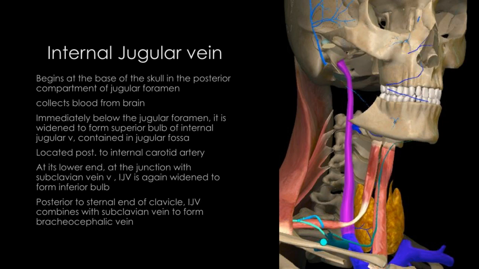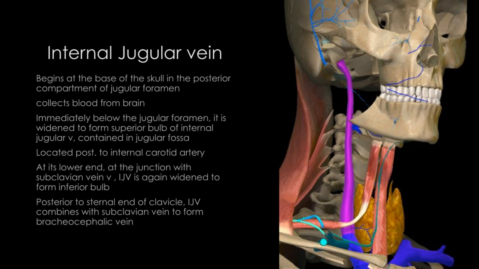The internal carotid artery will go like this, and at its lower end, at the junction with the subclavian vein, it again widens to form an inferior bulb. So this is the region of the inferior bulb, the inferior region where it joins the subclavian vein, whereas superiorly in the region of the jugular fossa, jugular foramen, is the superior bulb.